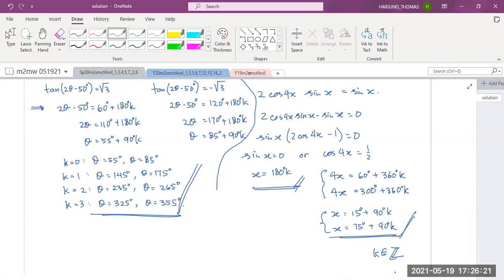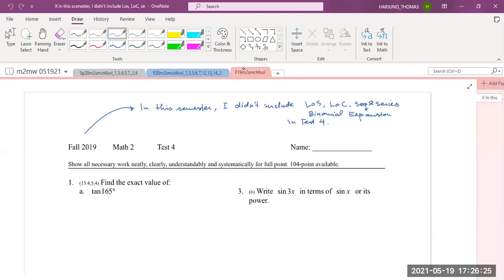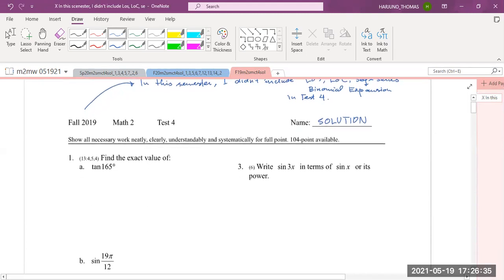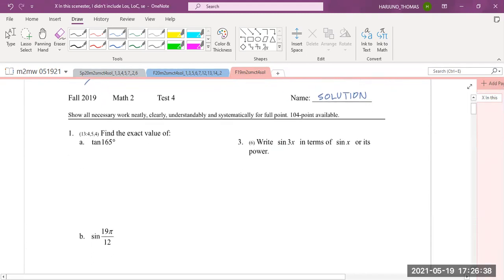Now, let's go to 419 solution. In 419, the setup was a bit different. In spring 19 and fall 20, we were already remote, so I allowed them open book.